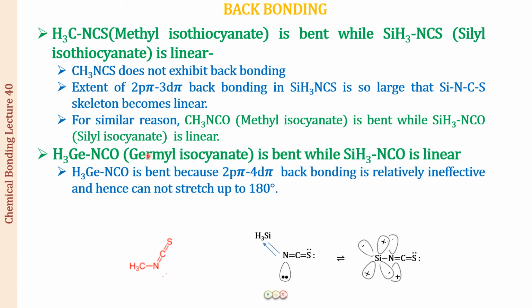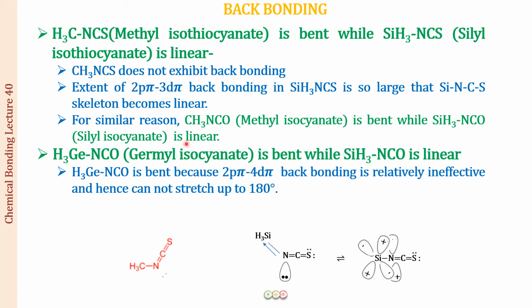In the last example where you saw germanium, we said that it is going to have a 2p pi 4p pi back bonding, and because of that it is going to be a planar molecule. We are going to compare that also just now, but that is one exception you have to remember, where there is a 2p pi 4d pi back bonding, which is a good one.